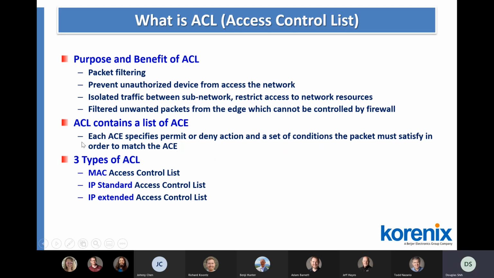An ACL is a list of access control entries. For each access control entry, we specify a permit or deny action, and also set up the conditions that the packet must meet in order to match the access control entry.